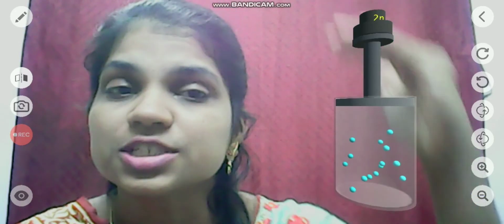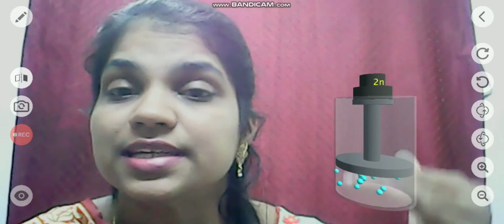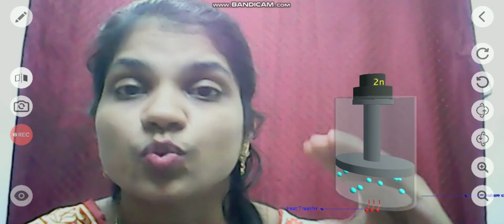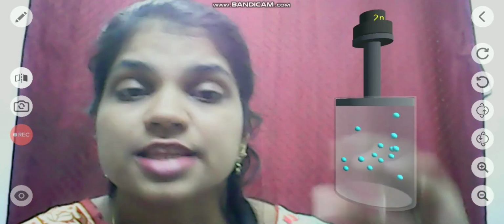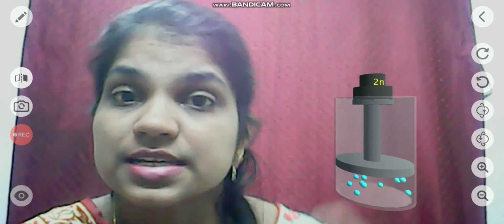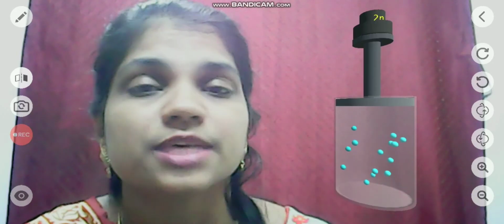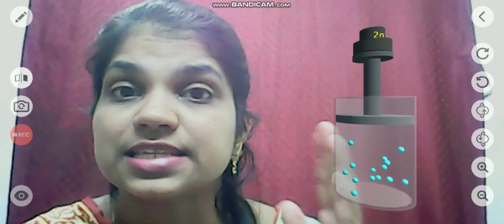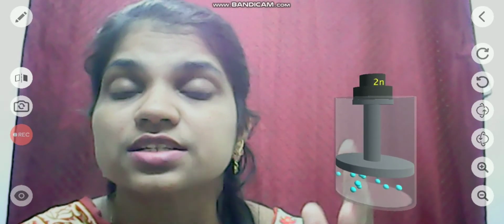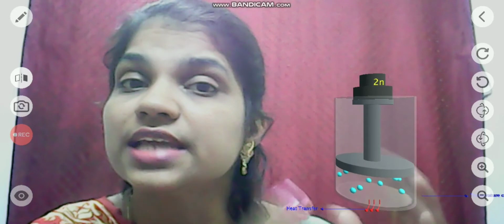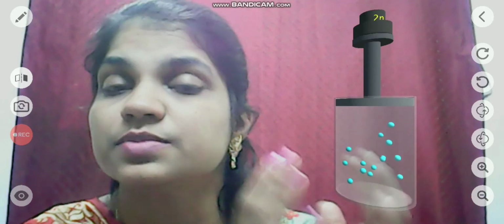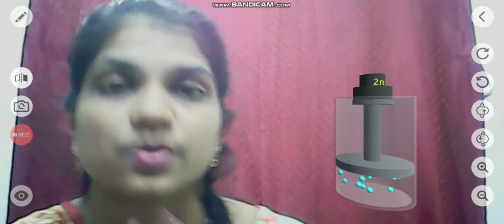Now when I push this piston down, the gas is compressed, the volume decreases, the pressure increases, and the temperature also increases. In order to keep the temperature constant, heat energy is lost from the system to the surrounding.